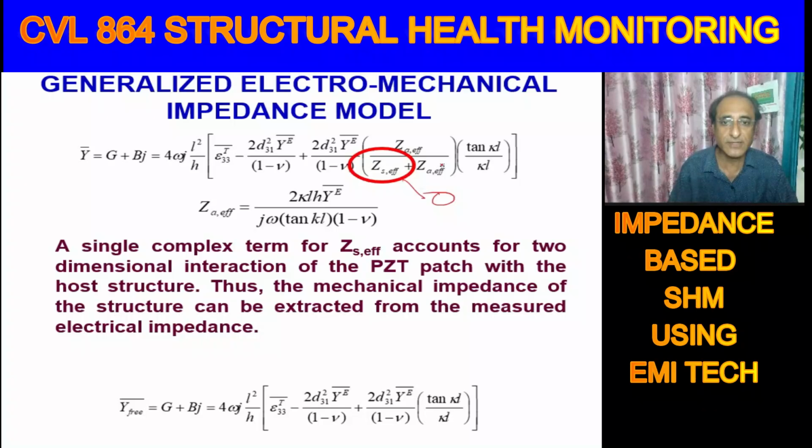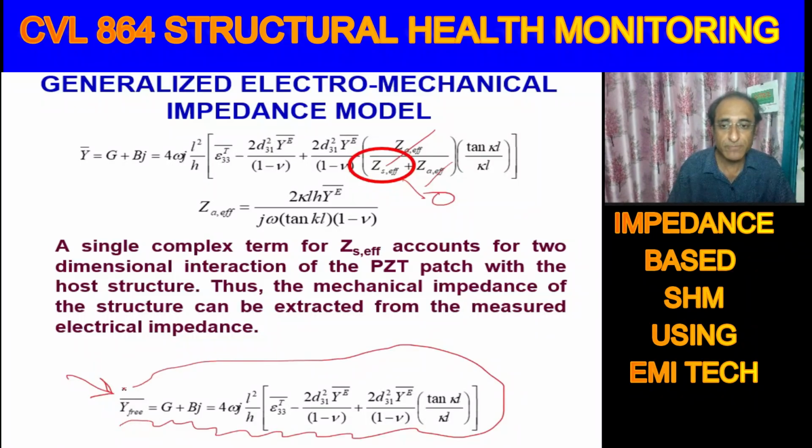If you set this, then this will get cancelled out and we'll get this expression. So this is the expression for the mechanical impedance of a free piezo patch. We can split it into real and imaginary parts, and we can use this to our advantage to obtain the parameters of the piezo patch. We'll just show in the next slide.